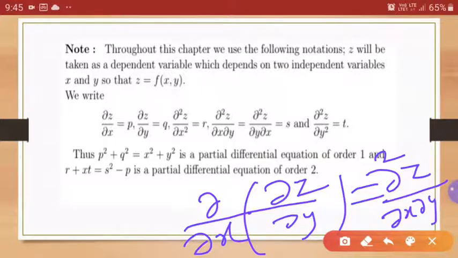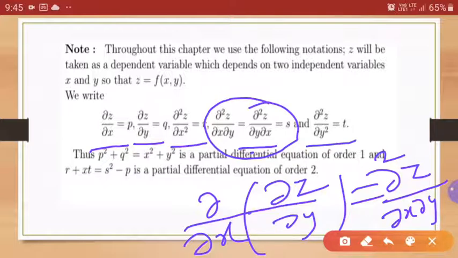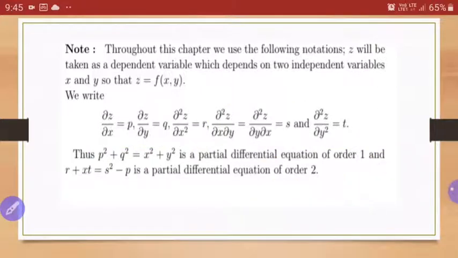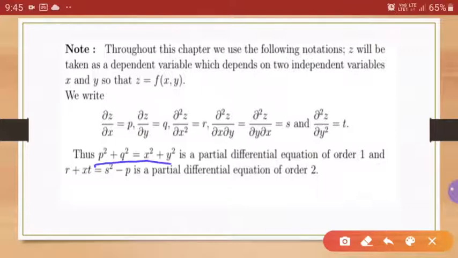Now del 2z by del x into del y is same as del 2z by del y into del x. So we denote this term by s. So remember this: del z by del x is p, del z by del y is q, del 2z by del x square is r, del 2z by del y square is t, and del 2z by del x del y is s.